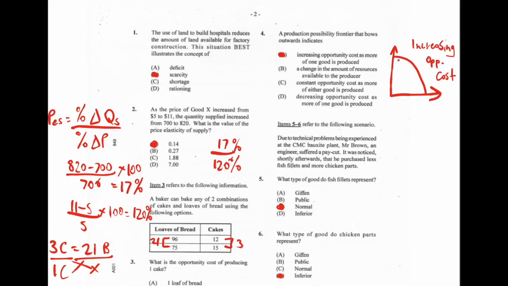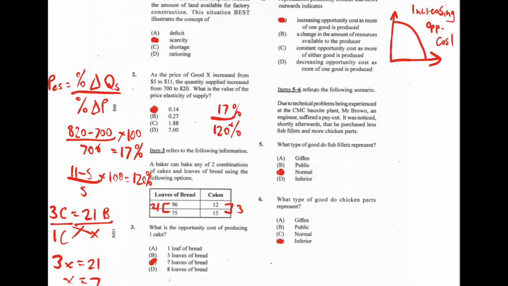Because as you go down the curve, you increasingly have to give up more of good Y in order to get one extra of good X. So you consistently have to give up more of good Y as you go down the curve to get more of good X. So that's A.